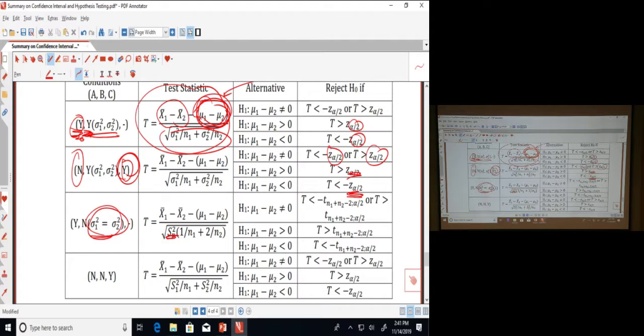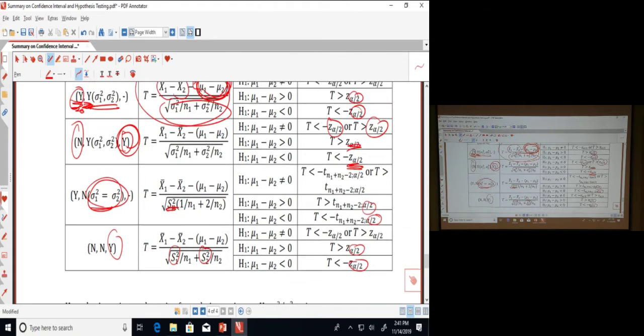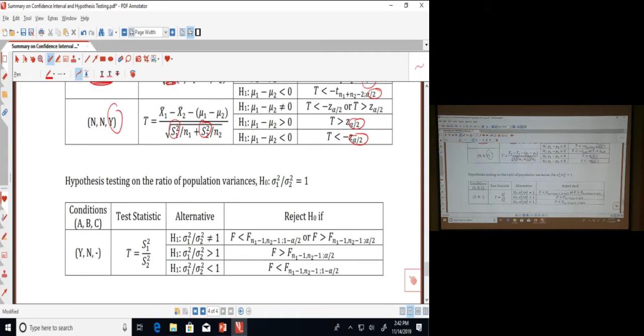Then don't bother to find a pooled variance. We just replace each of these, but I need a big sample size. The previous one, I don't need a big sample size, so long as they're normally distributed. So, wrong. Wow. You see, one mistake causes so many mistakes, right? So be careful. Okay, how about the variance?